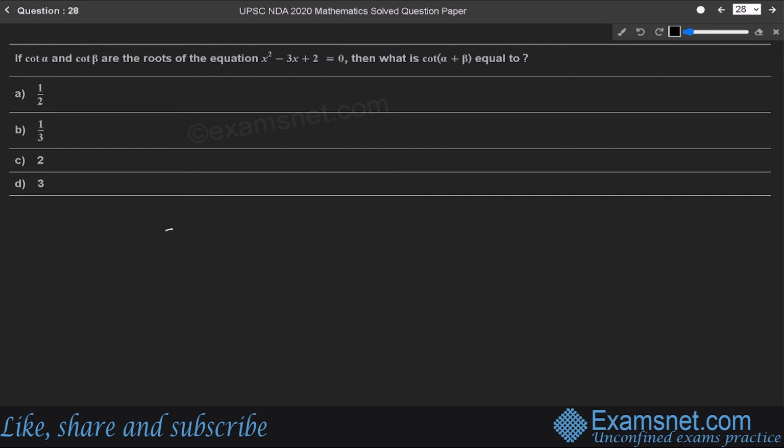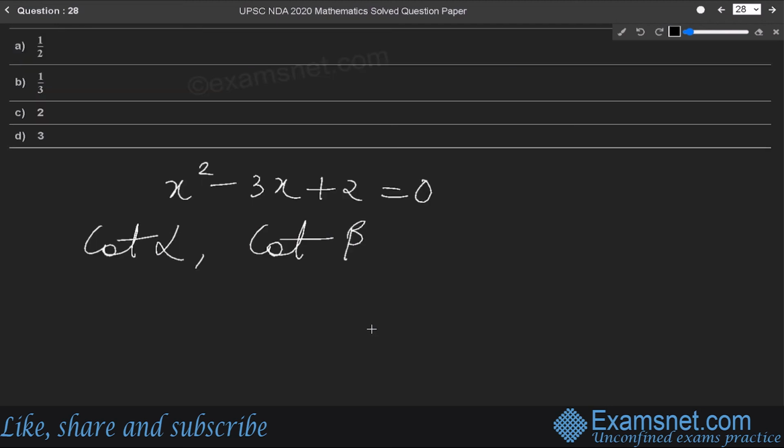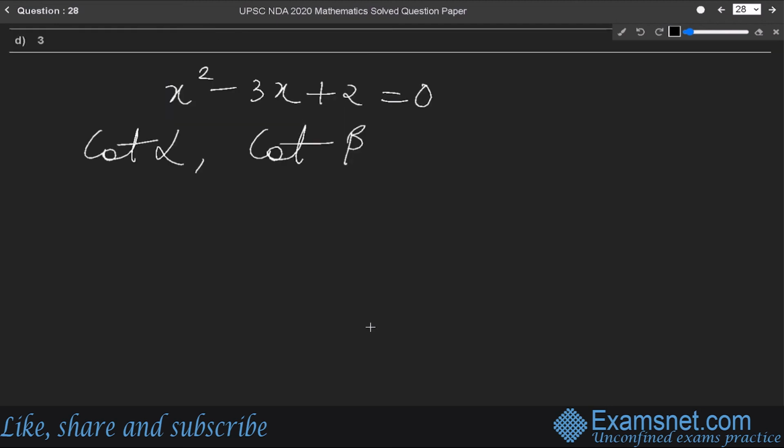So the given equation is x square minus 3x plus 2 is equals to 0, and it is given that cot alpha and cot beta are the two roots of the given equation. Now we have the roots, so we can find sum of roots. Can you tell me what is the formula for sum of roots? Sum of roots means simply adding both the roots.